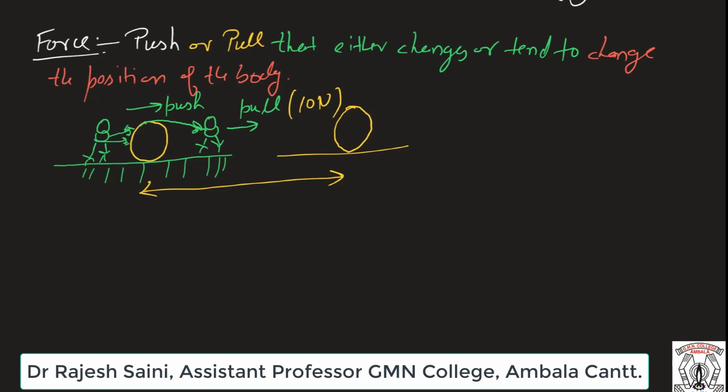Then we say that we have applied force upon it. Say this is the person. I am not that good in drawing, but I will still try. So it is able to bring this from this position to this position, then we say that force is applied.